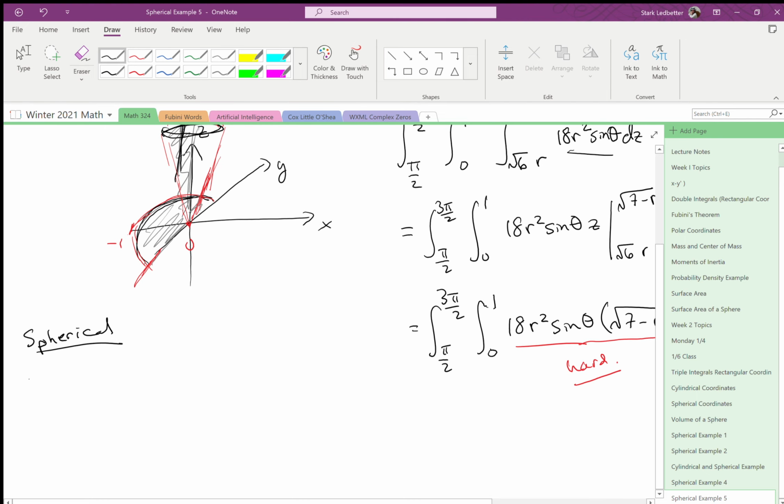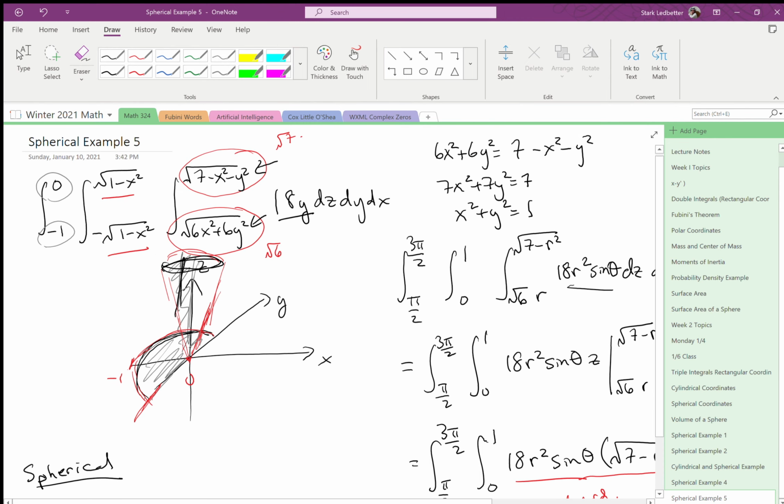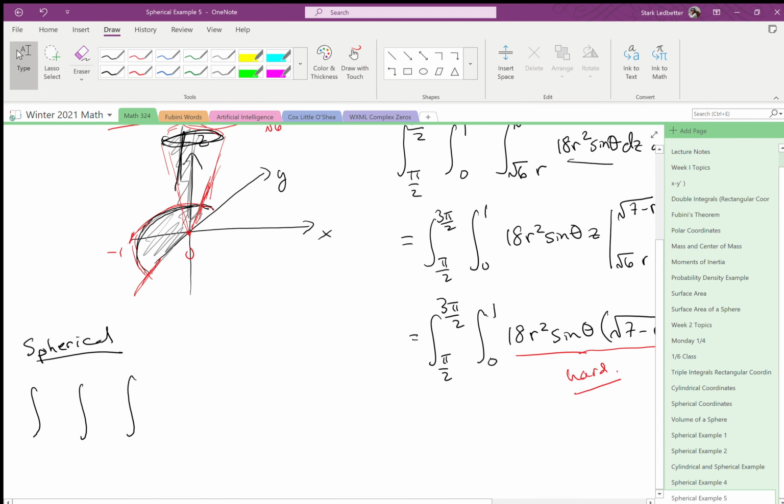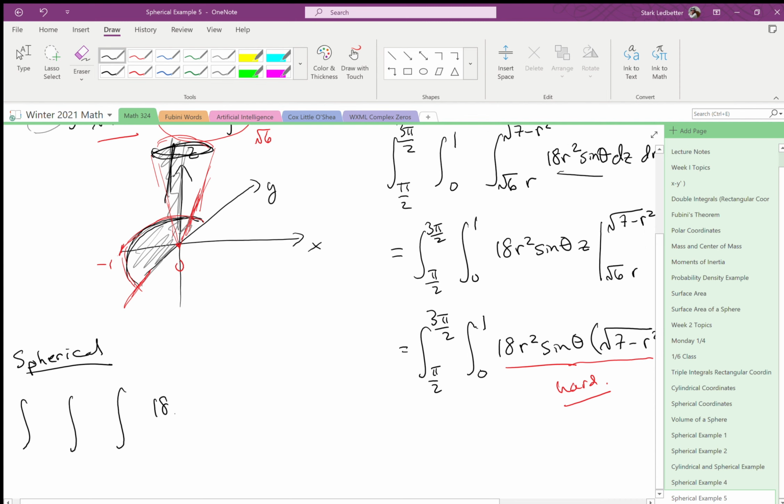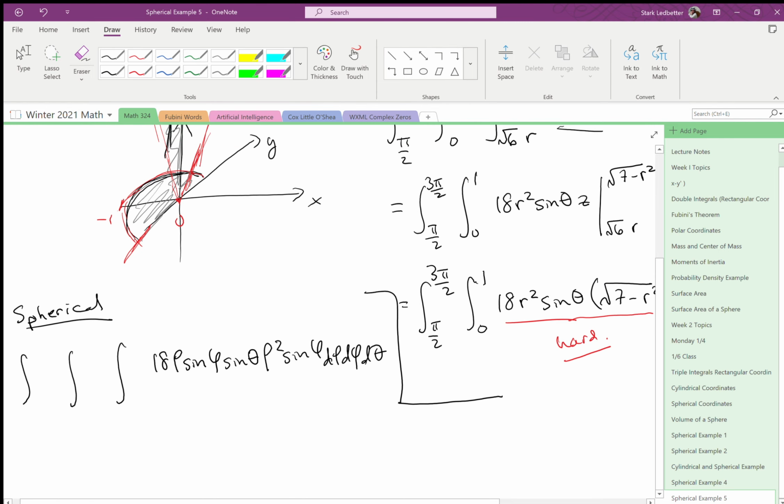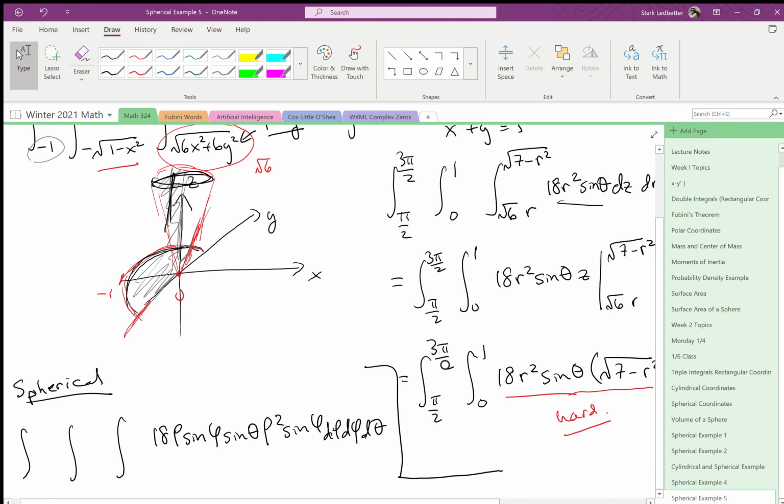We need 18, y is going to be rho sine phi sine theta. I need another rho squared sine phi, and then I'm going to have d rho, d phi, d theta. Then I just need to look in this half ice cream cone where I'm integrating from, right?